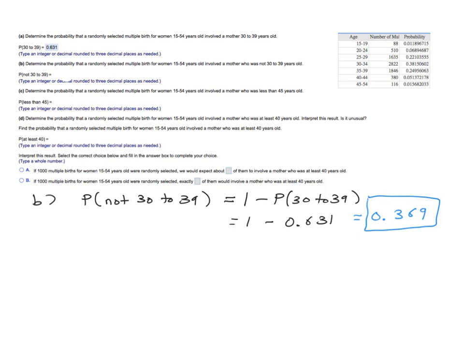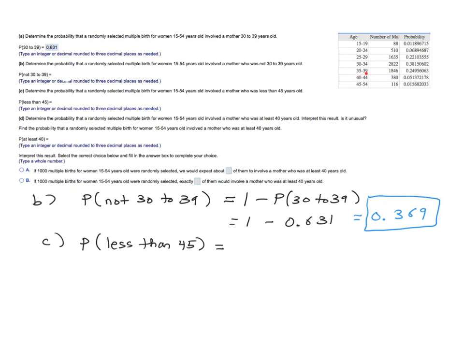For part C, we want the probability of being less than 45. So I'll put probability and then less than 45. That means if you're less than 45, you're not including this category here, but you're including everything that is less than it.